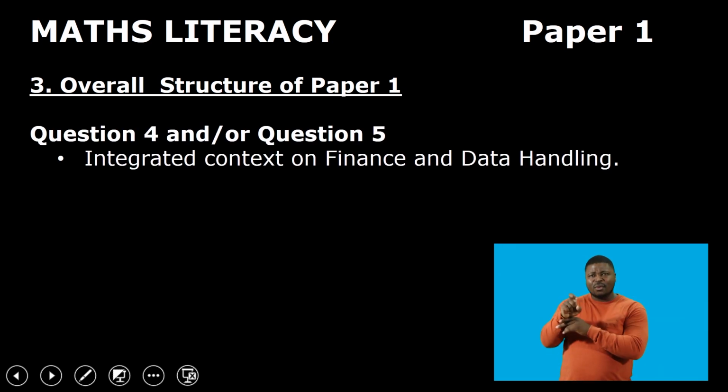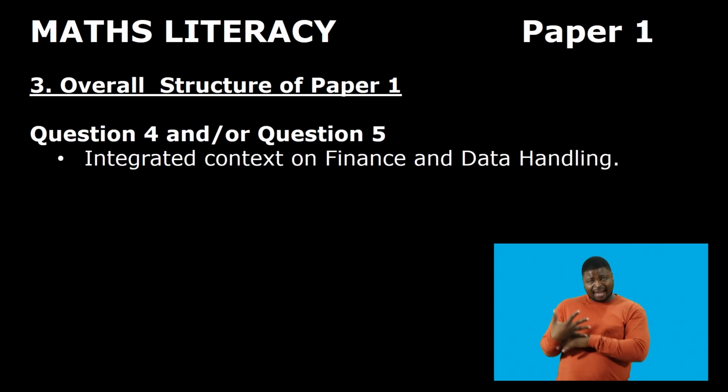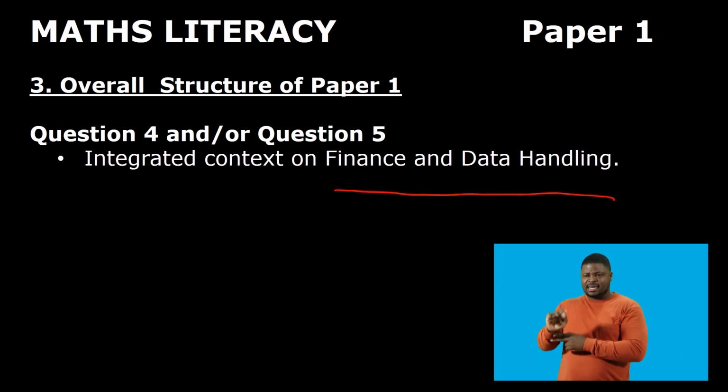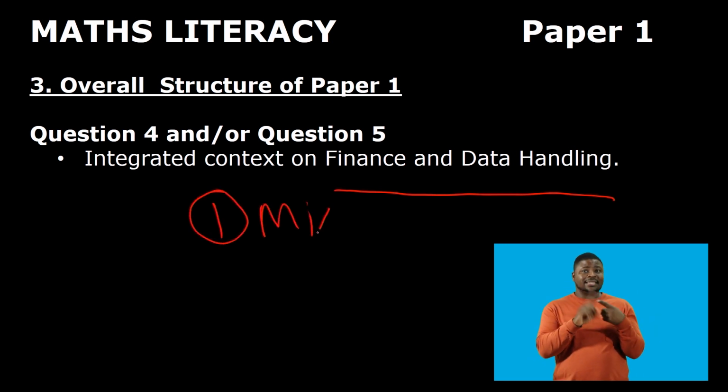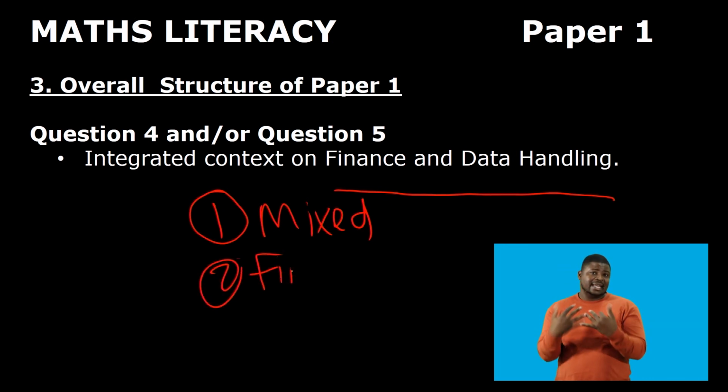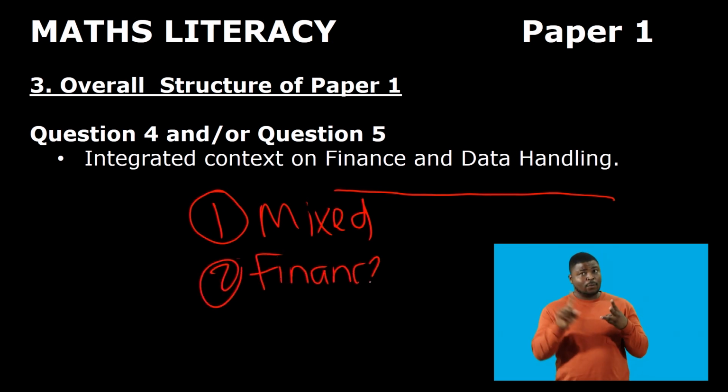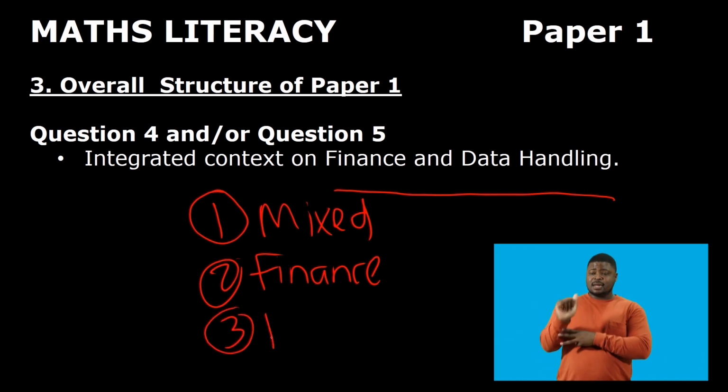Now, what is the overall structure of Paper 1? Questions 4 and 5 will be integrated context for finance and data handling. So remember, question 1 is mixed. Question 2 is finance. Question 3 is data.